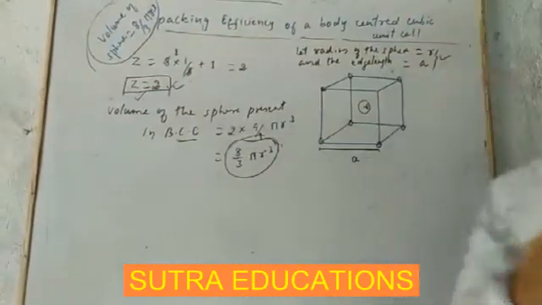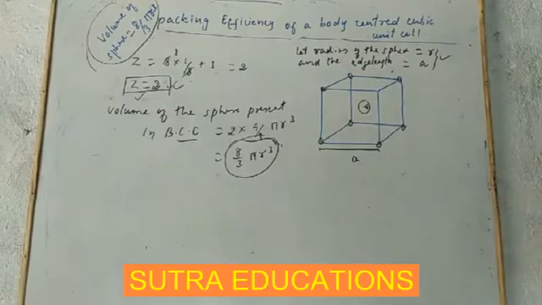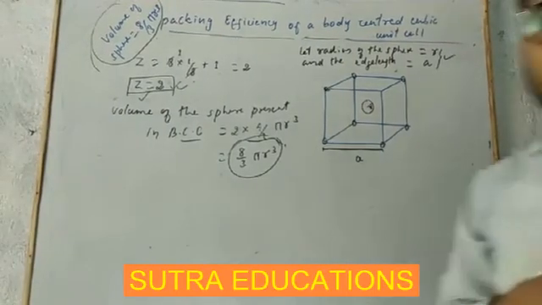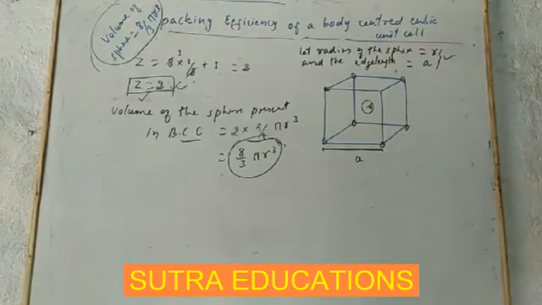This is the volume of the sphere, which is equal to 8 by 3 pi r cubed.